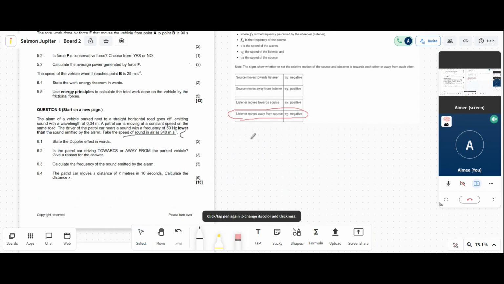We start with our Doppler effect formula, which is frequency of the listener is equal to the velocity of sound in air plus minus the velocity of the listener over the velocity of sound in air plus minus the velocity of the source, multiplied by the frequency of the source. So this is frequency as observed by the listener.